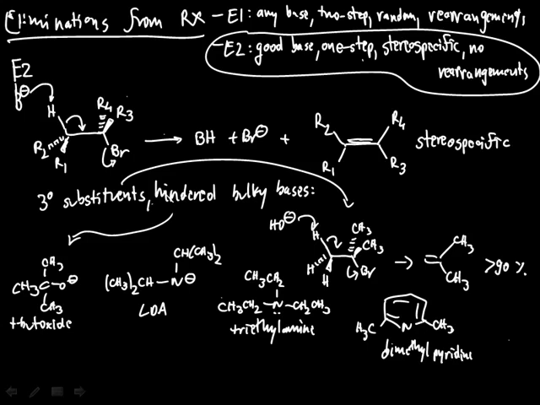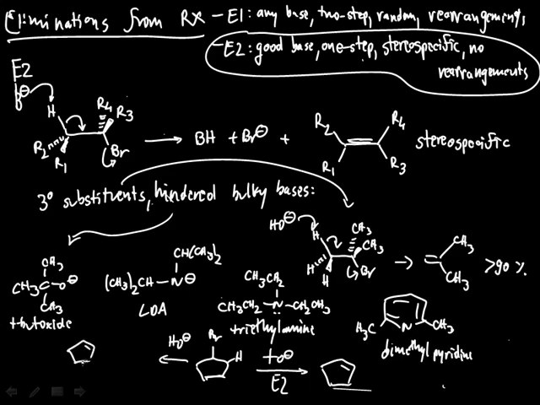An example of a use of a hindered base would be some substrate which is less crowded. So if we have this secondary compound and we treat it with t-butoxide, we will get our alkene as desired, and this will be an E2 reaction. But if we treat it with hydroxide, we will get some E2 reaction without doubt, but probably most of our product will come out of SN2 reaction, where this hydroxide acts as a nucleophile rather than as a base.